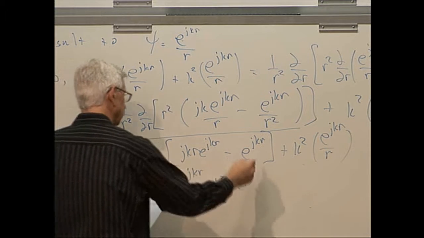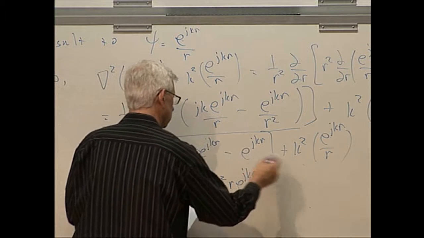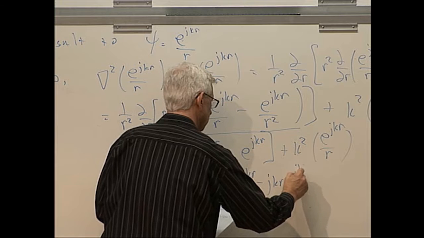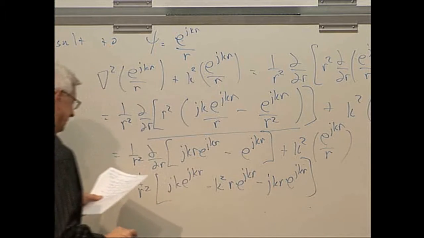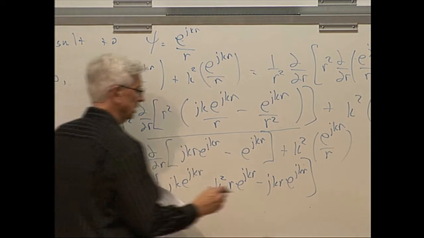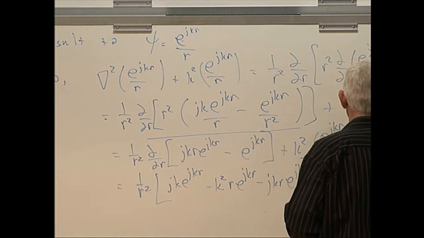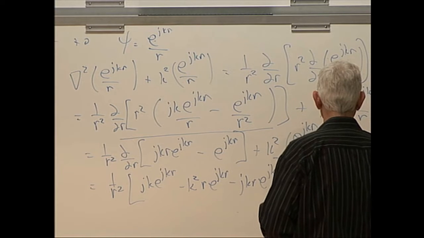And then finally the exponential partial here, jk e to the jkr. And then we have plus k squared e to the jkr over r.